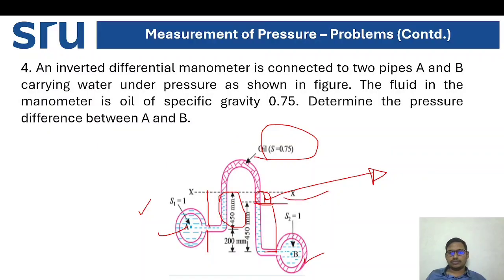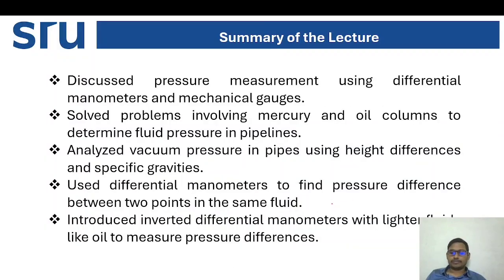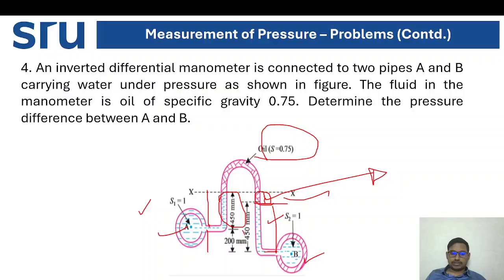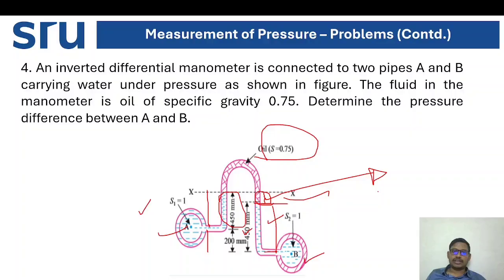Pb we are having two kinds. One is with respect to oil, one is with respect to water. So Pb minus 1000 into 9.81 into 450. You see, this is 450, and 750 is nothing but rho naught, that they have already mentioned.